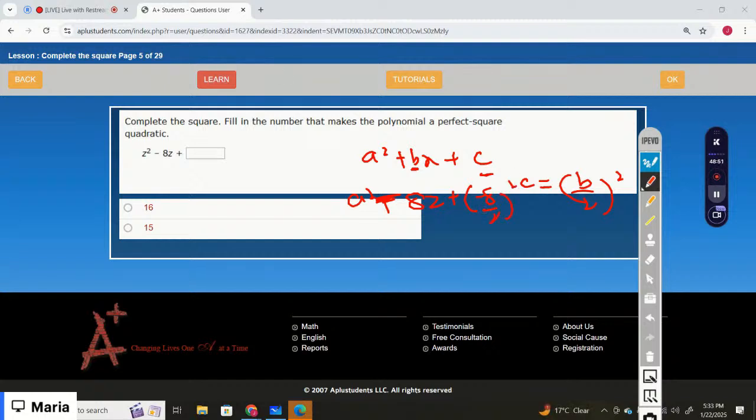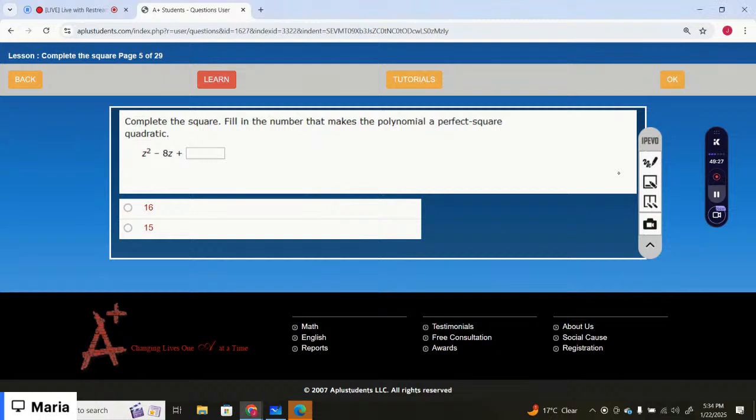So negative 8 over 2 square is 4 square. Z square minus 8z plus 16. Option number 1 is the correct option, that is 16.